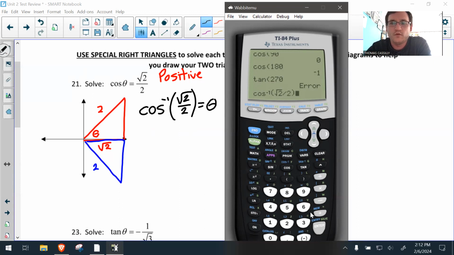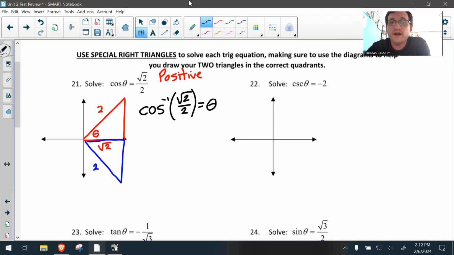All right. Now, what is that going to be? That is 45. So we know theta equals 45. All right. This right here is a 45-degree angle. Now, keep in mind, that's a reference angle. So what that means is that this angle down here is also a 45-degree angle.